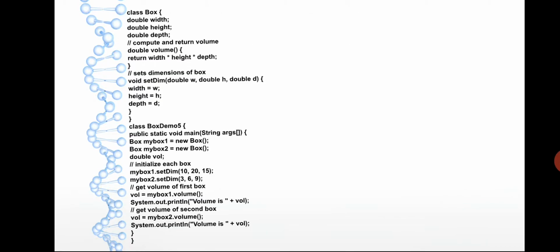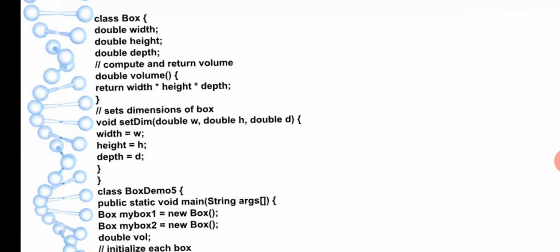So you can see one example also here. We have considered the same class Box. Inside the class you have three variables, width, height and depth of type double. Then you have one method called volume, double volume, which will return width, height and depth. And you have one more method called setdim. It is void, you are not returning anything.